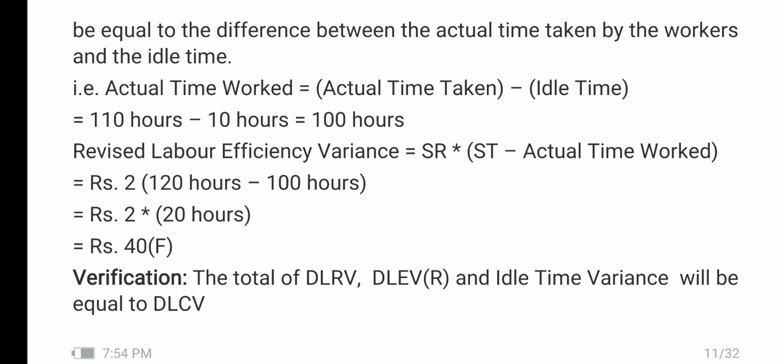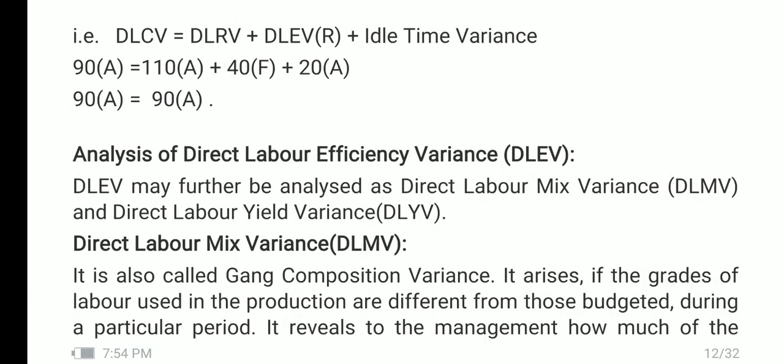That is DLCV is equal to DLRV plus DLEV revised plus idle time variance. Now, in the above example, we can say that 90 adverse is equal to 110 adverse plus 40 favorable plus 20 adverse. So, 90 adverse is equal to 90 adverse.